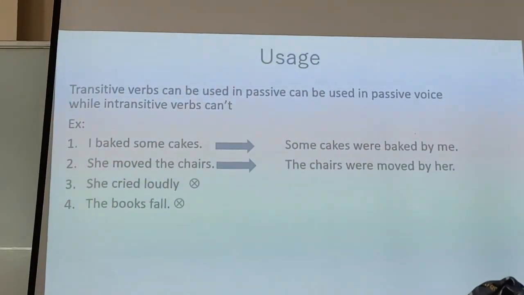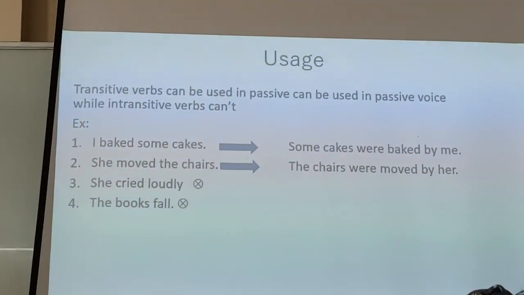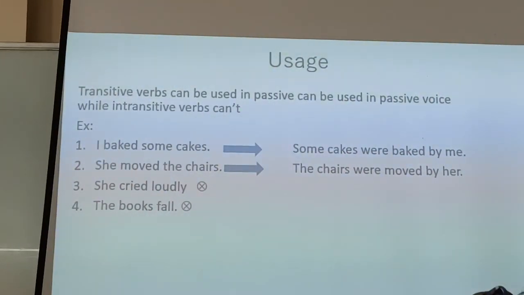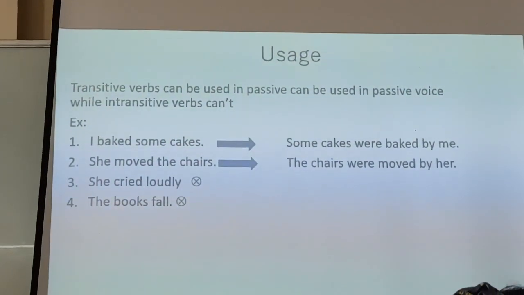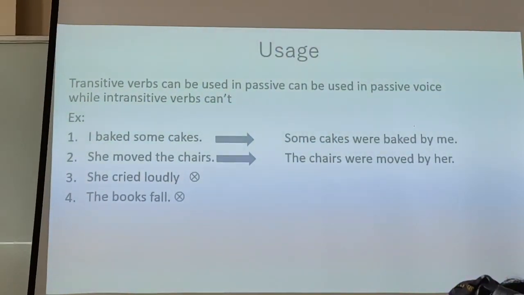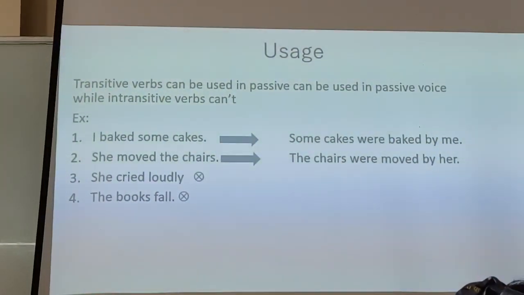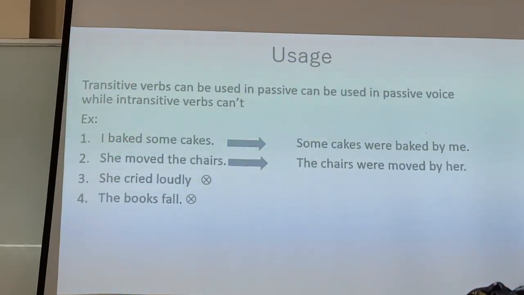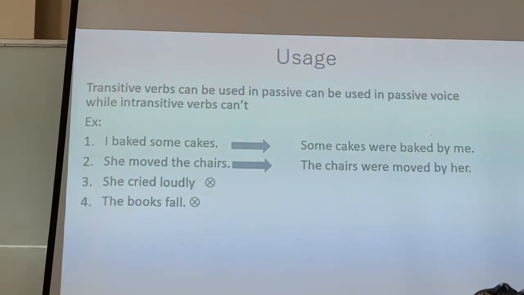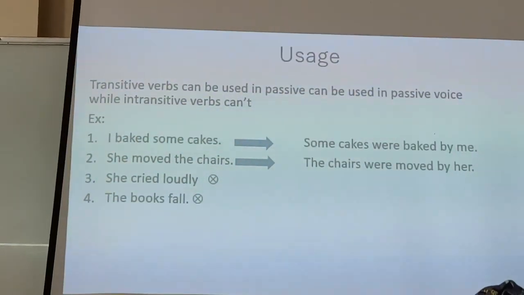While the intransitive verb does not take an object, so you can't make a passive form. We don't have an object that becomes the subject in the passive voice. Okay, so she cried loudly. We can't say loudly was cried, because it's nonsense in English.